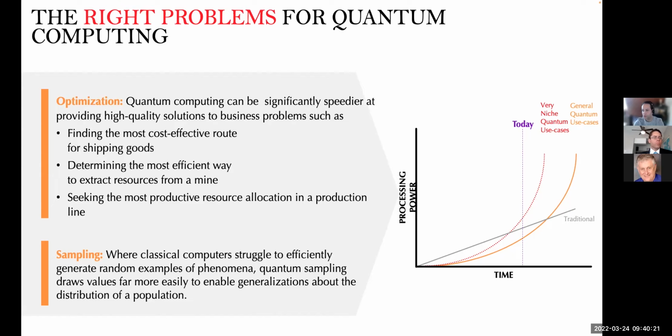When we talk about, for instance, stock trading, where every second counts, you can come up with a much more capable platform to perform trading much faster. But again, you have to make sure that the answer you have is the right answer. So we're talking about optimization, cost-effective routes for shipping goods. This is a very big thing.